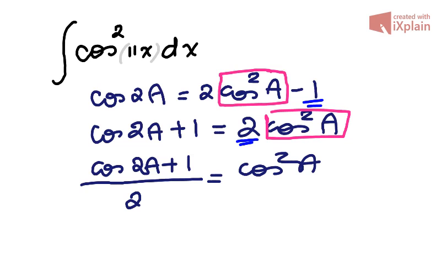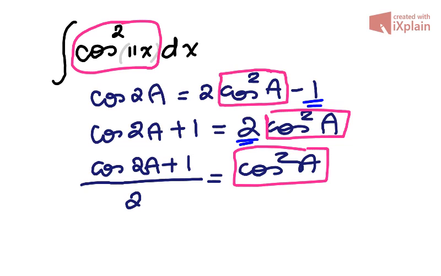So look at that. This cos squared a will be able to be rewritten as cos 2a plus 1, all over 2. The double angle here is something we can integrate. It's not a square anymore. So let's apply it. Writing the integral once again, cos squared of 11x dx.